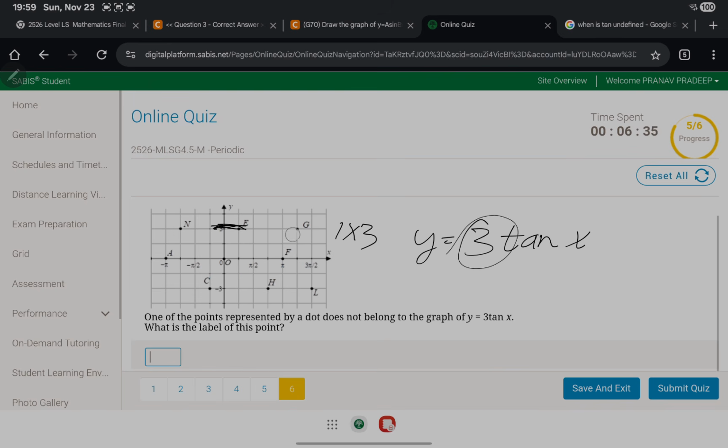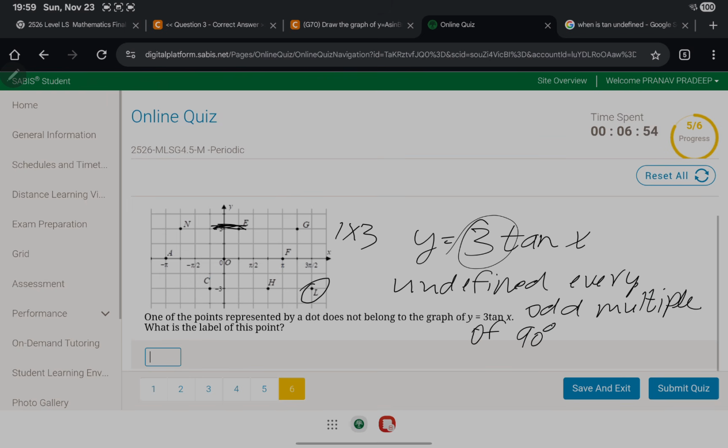Now, if you take a look at maybe point L, we need to understand that tan is undefined for every odd multiple of 90 degrees. I mean, in radians it's pi over 2, and that also means it's undefined for 3 pi over 2.